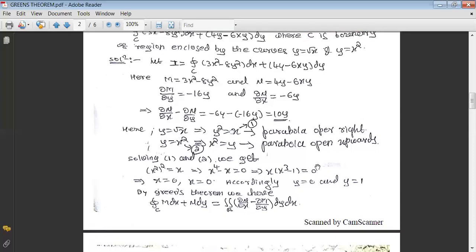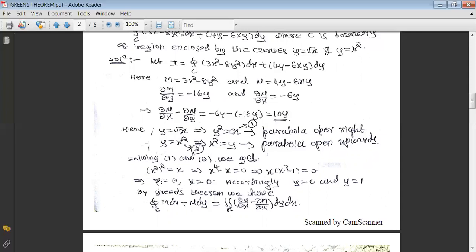Now, in order to know where they intersect, let us solve equations 1 and 2. Here we have y² = x, but according to the second equation, y = x². If you substitute, that becomes (x²)² = x. Therefore, x⁴ − x = 0. If you take x as a common term, that becomes x(x³ − 1) = 0.